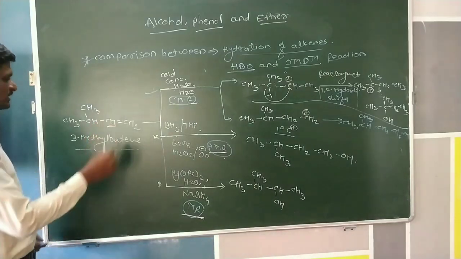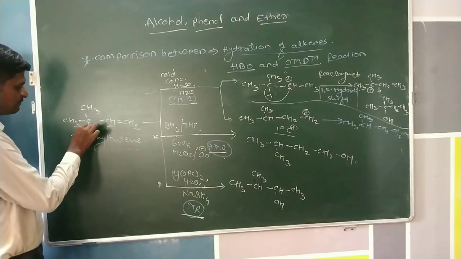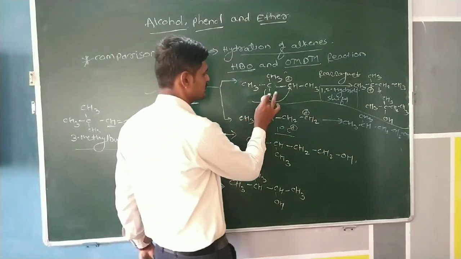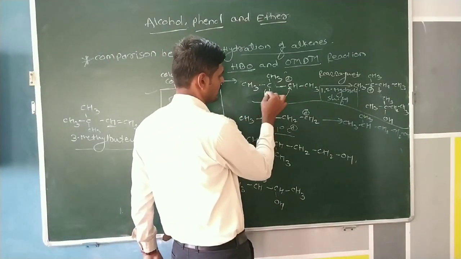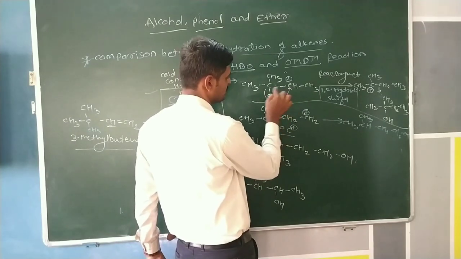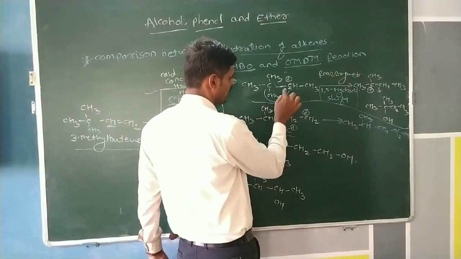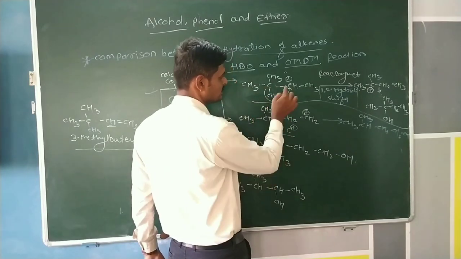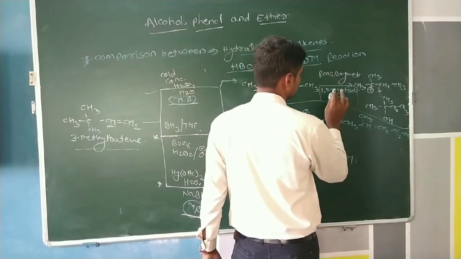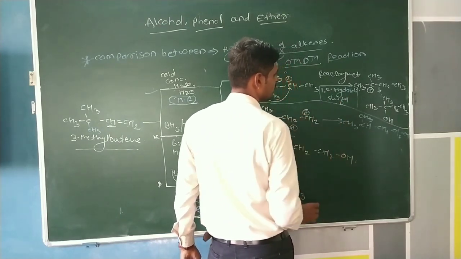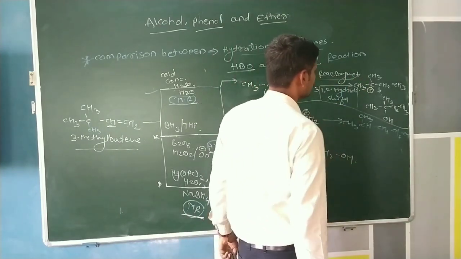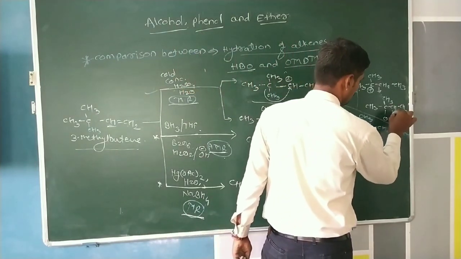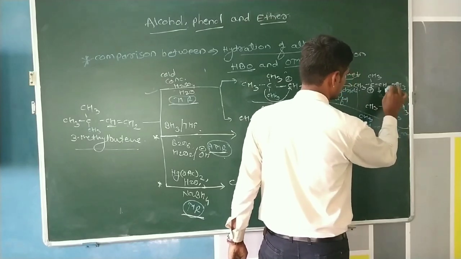For a 1,2 methyl shift, this hydrogen is replaced by another CH3 group. The methyl is shifted from this carbon to the adjacent carbocation. Then it is a 1,2 methyl shift, one type of rearrangement reaction. After methyl shifting, there is a formation of this product.